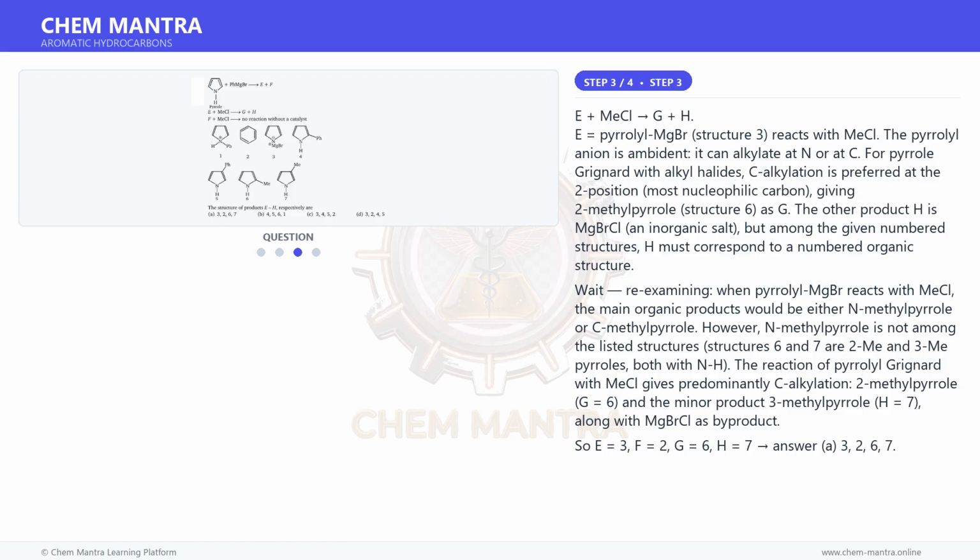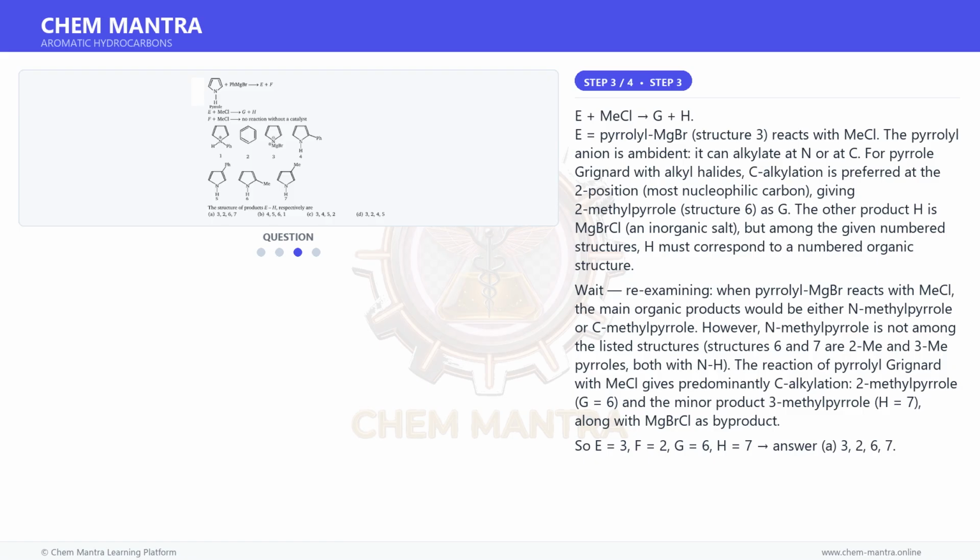Wait, re-examining, when PyrroleMgBr reacts with MeCl, the main organic products would be either N-methylpyrrole or C-methylpyrrole. However, N-methylpyrrole is not among the listed structures. Structures 6 and 7 are 2-methyl and 3-methylpyrroles, both with NH.